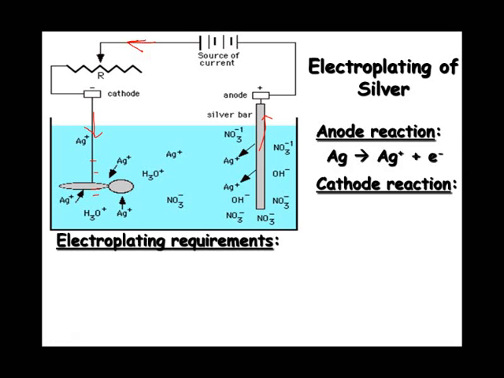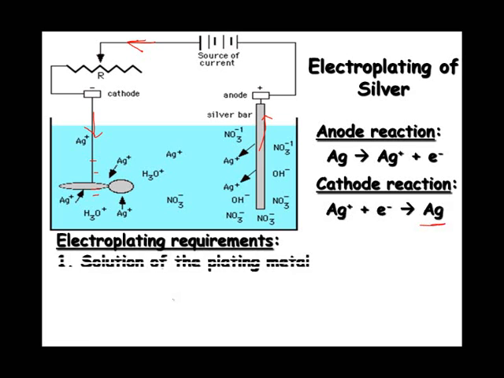At the anode, the silver goes to silver ions, right? Silver ions go into the solution, and electrons travel up through the current. On the cathode, you have the silver plus ions in the solution picking up those electrons and becoming a hunk of silver metal, which is plating onto this ring.